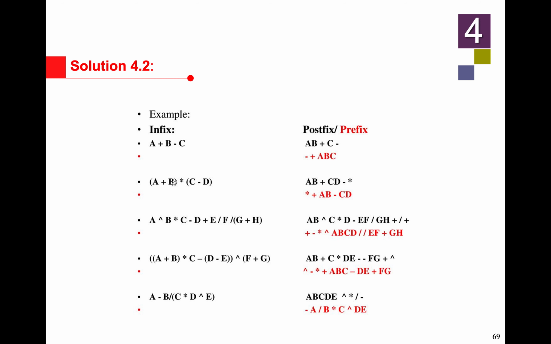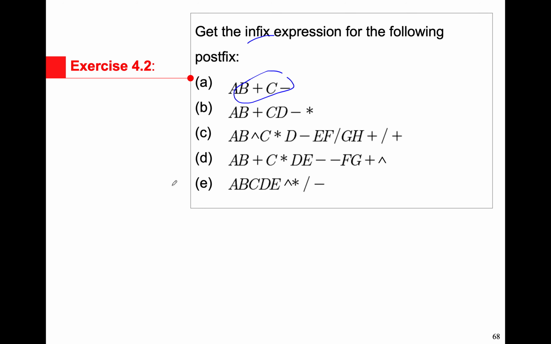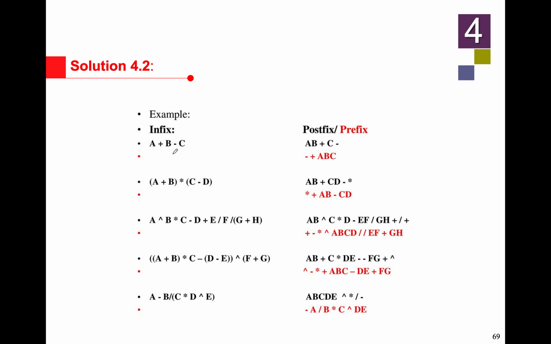You can see there are several examples before you come to your exercise 4.2 A, B, C, D, and E. Let's say you have an example of your postfix. Your postfix is A, B plus C, and then there is a minus.